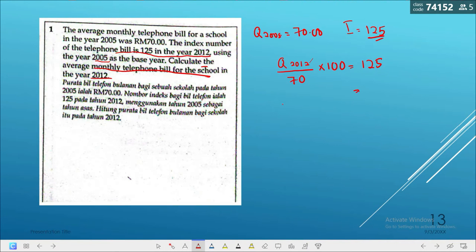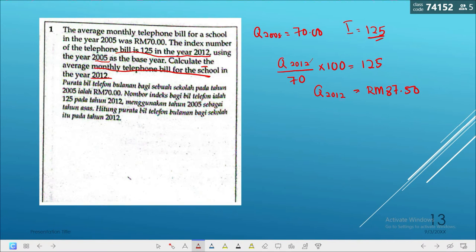You just solve it: 1.25 times 70, and you will get 87.5. So in 2012, the average bill is 87 ringgit and 50 cent. That's the answer.